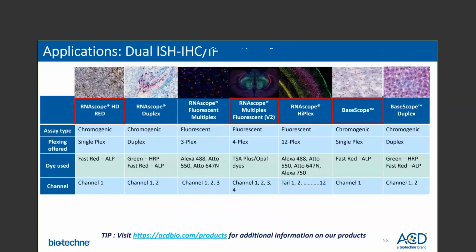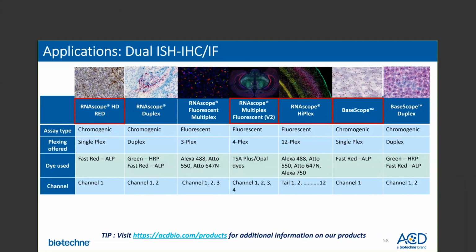After successful detection of your RNA targets, you may be interested in characterizing cell type specific expression by visualizing cell surface markers with your RNA of interest. The RNAscope assays highlighted here in red can be complemented by IHC or IF, the simultaneous RNA and protein detection on the same slide.